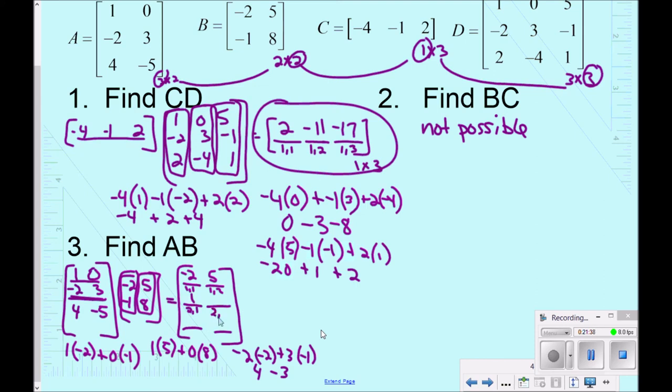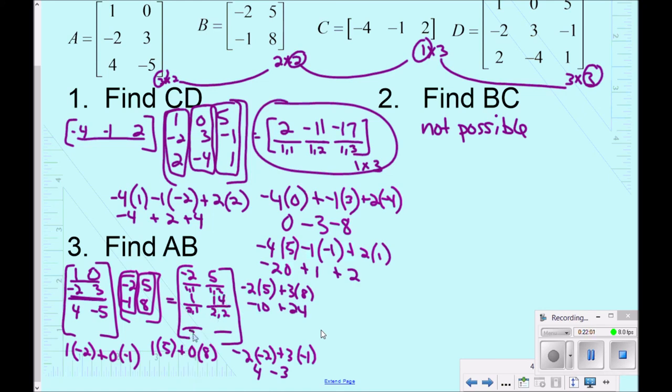Next, 2, 2, second row, second column. So negative 2 times 5, and then 3 times 8. So that's negative 10 plus 24, which is 14.